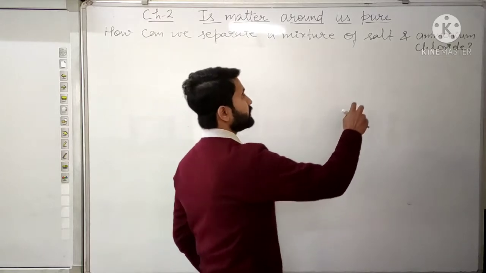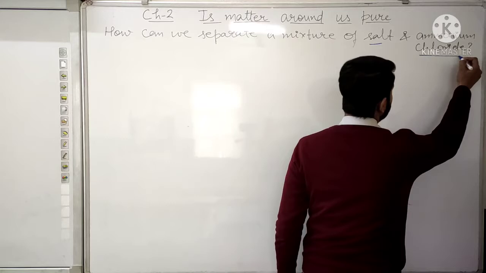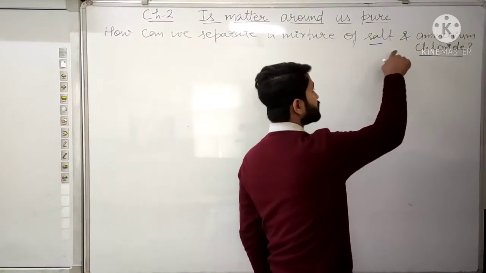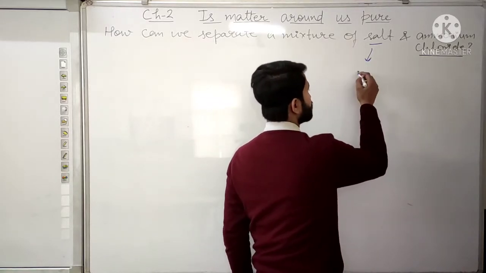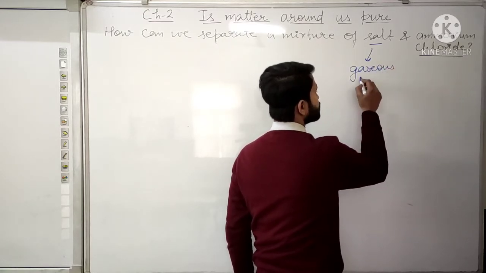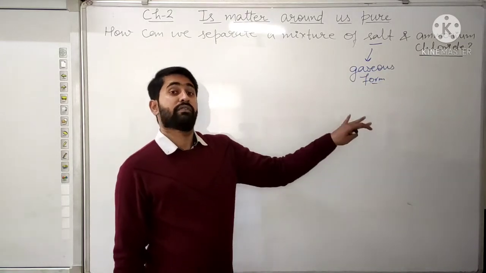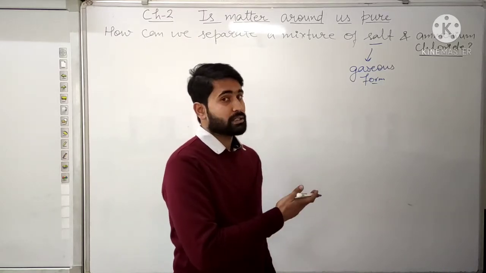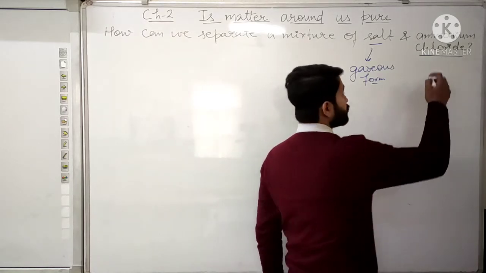As we can see here, the salt and the ammonium chloride have one property that is very different. They both are solids, but the salt does not convert easily into gaseous form; it needs a very high temperature even for melting.